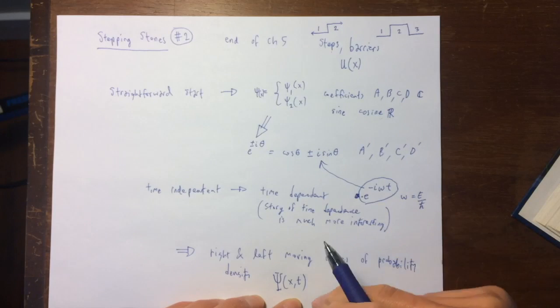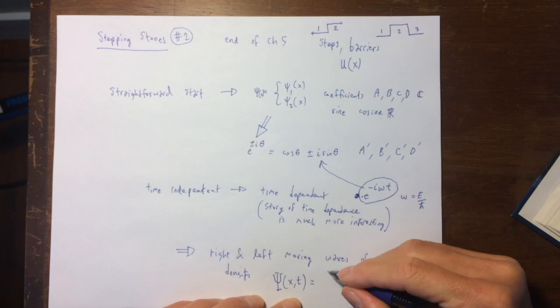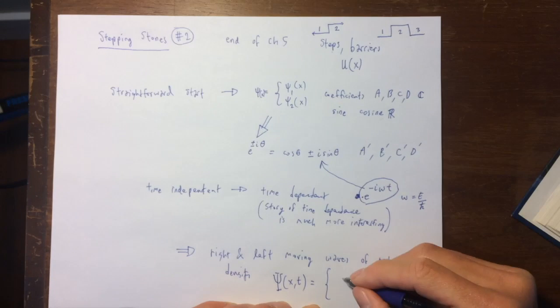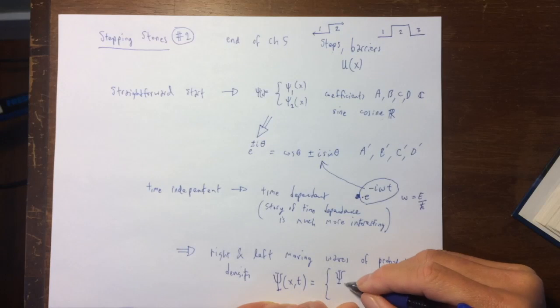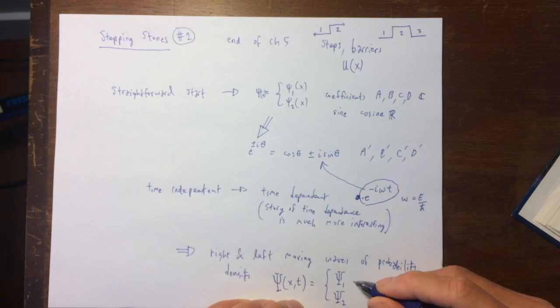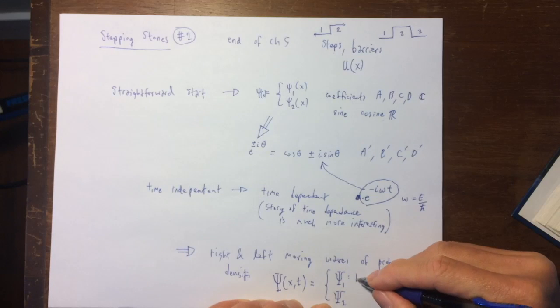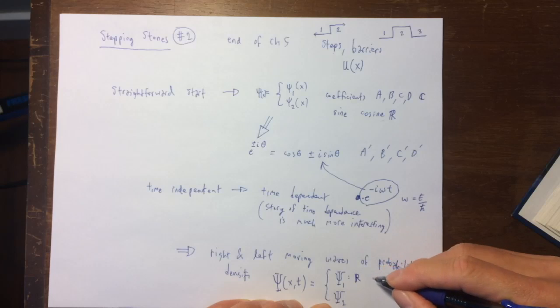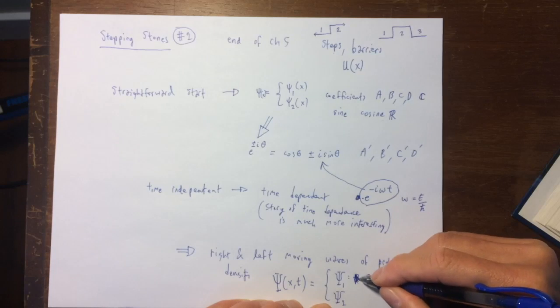And like up above, we had two regions. This is also regional. There is a time dependent piece in region 1, and a time dependent piece in region 2. What's more is each of these things has a real and an imaginary part, or these are complex.